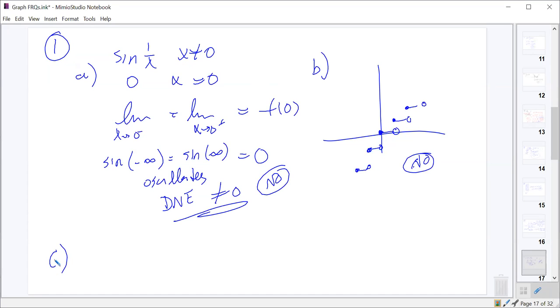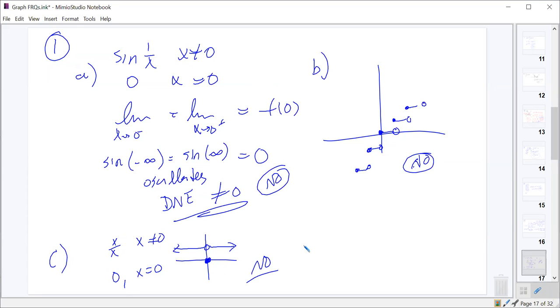Question C says x over x if x does not equal 0, and 0 if x does equal 0. Well, x over x is just 1, right? So this should look like 1 on both sides of 0, but 0 at 0. Well, that's clearly not continuous.